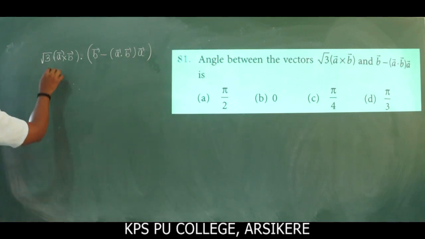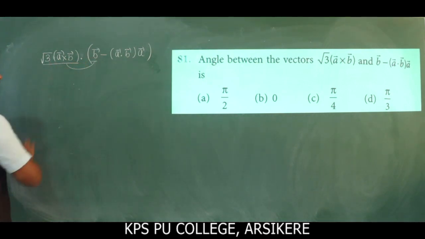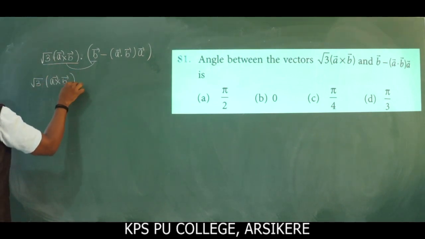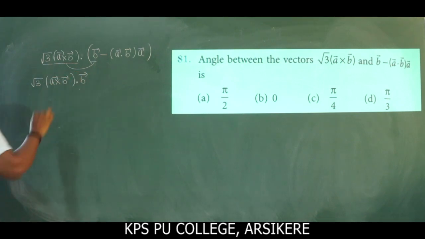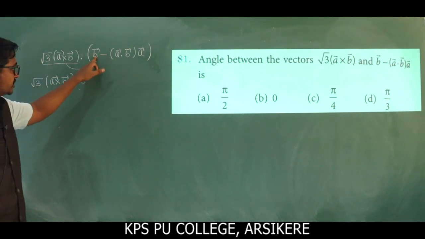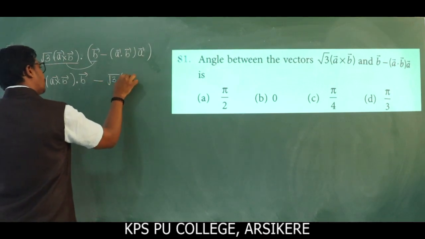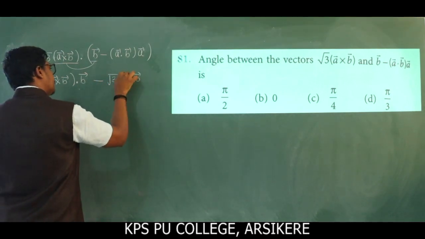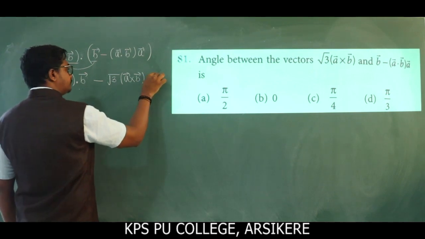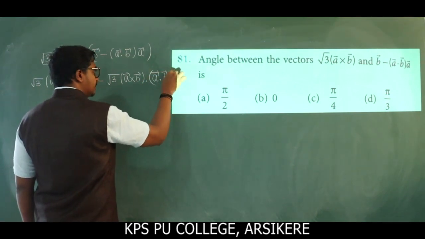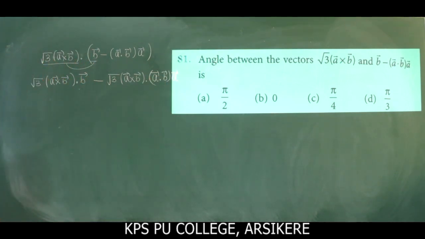Simplification: first, the first term, root 3 into vector a cross vector b dot with vector b, minus the same term root 3 into vector a cross b dot a dot b into vector a.